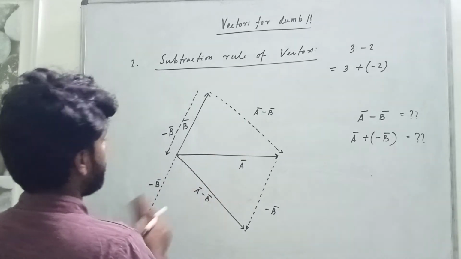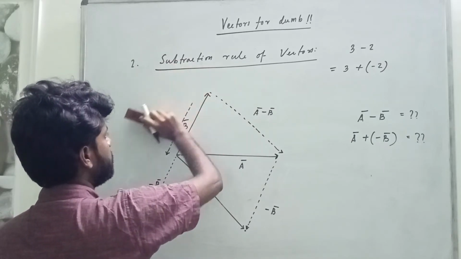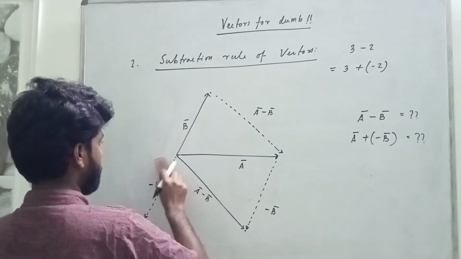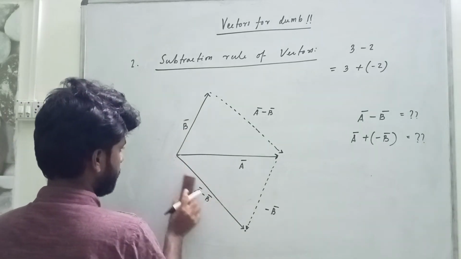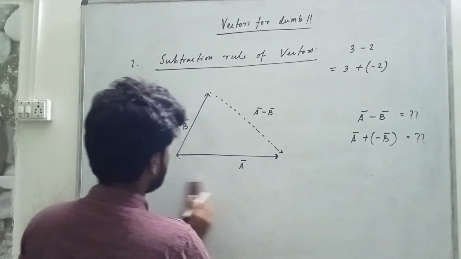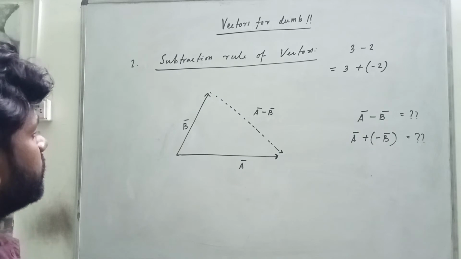So if A is here and B is here, then A minus B actually goes to this thing, right? So the A minus B goes to just it is A minus B, right?